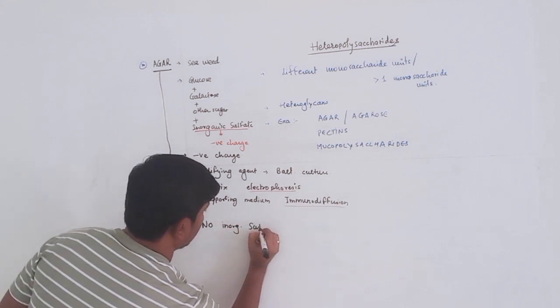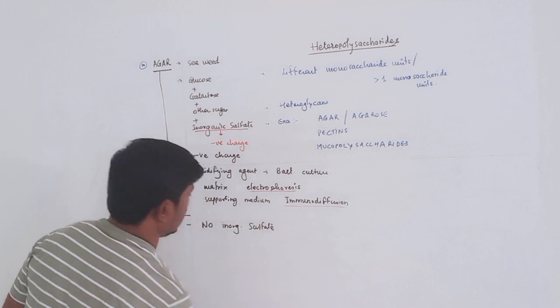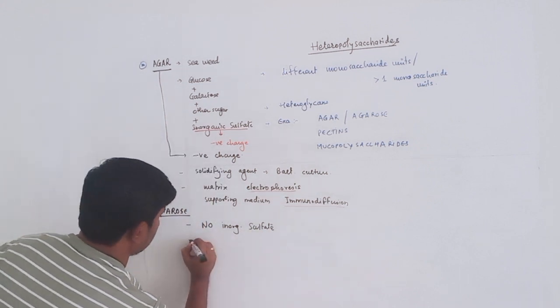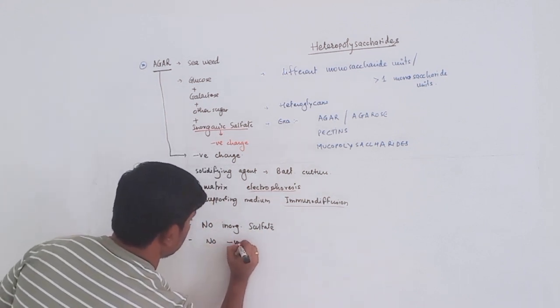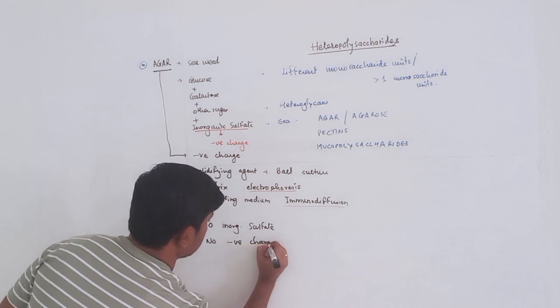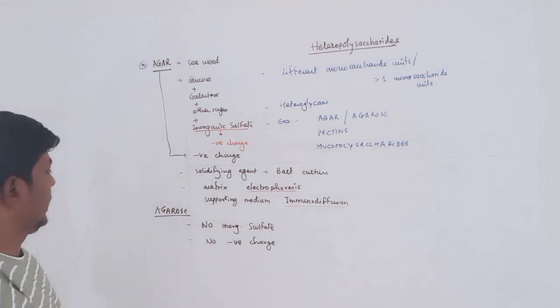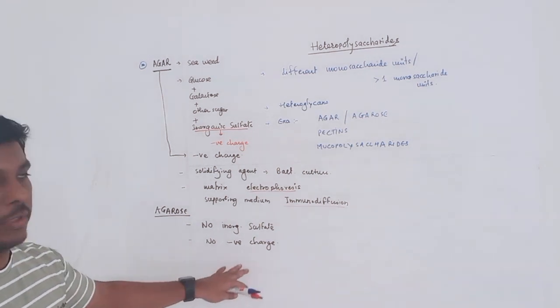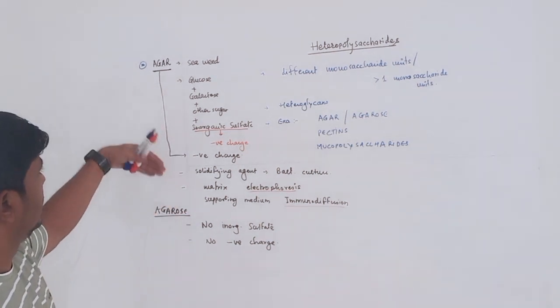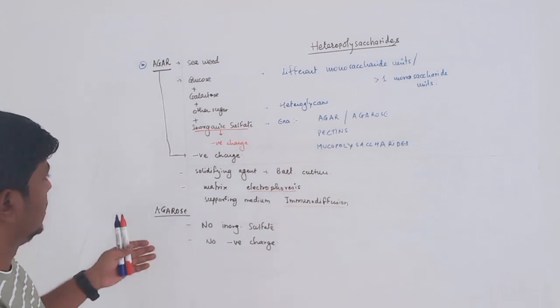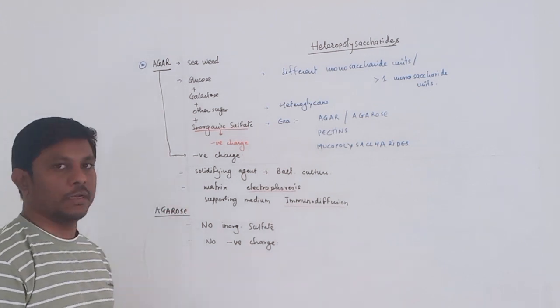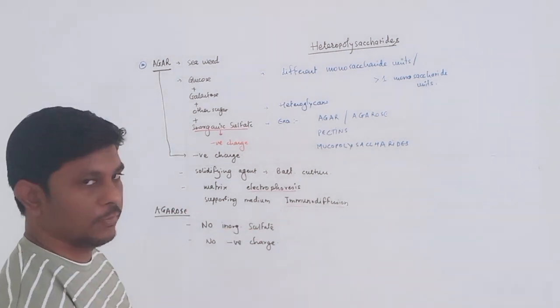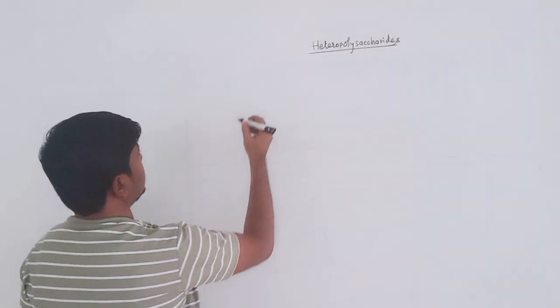There is no inorganic sulfate in agarose, and because of that, it does not contain negative charge. Both agar and agarose are alternatively used for the matrix in electrophoresis and supporting medium in immunodiffusion.